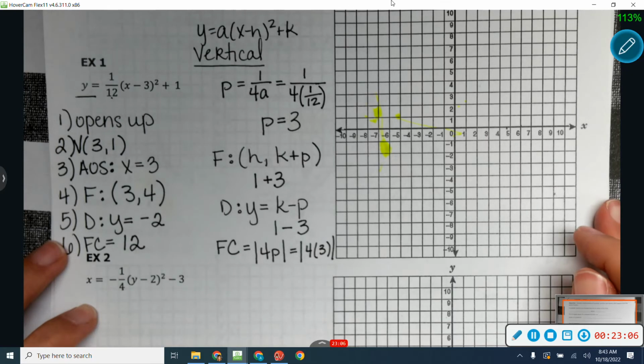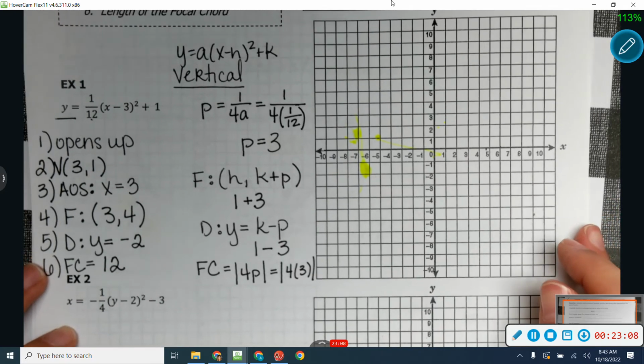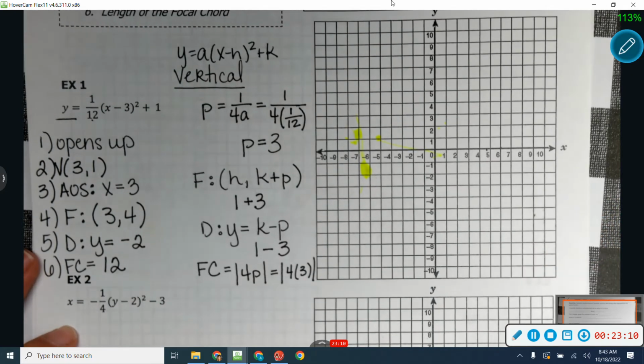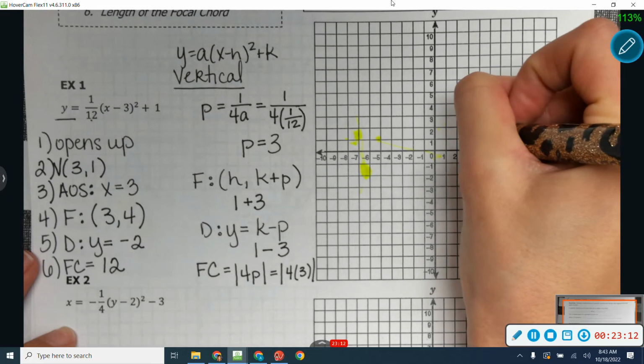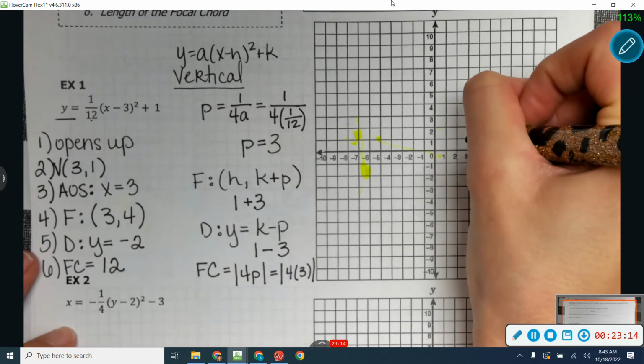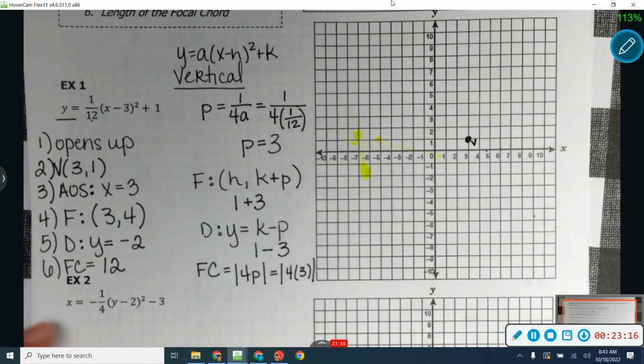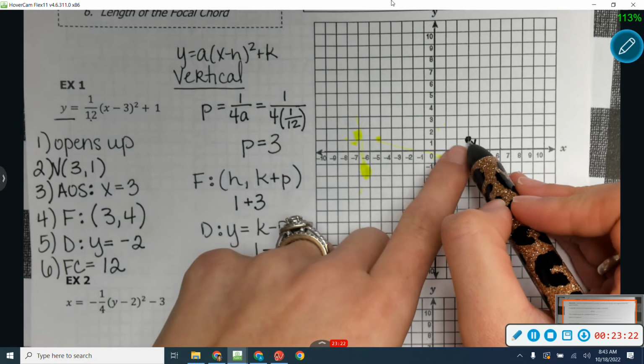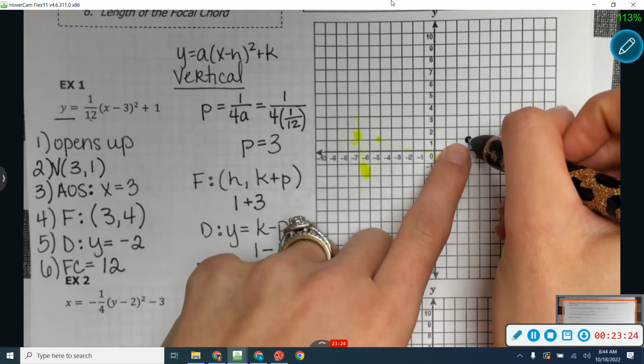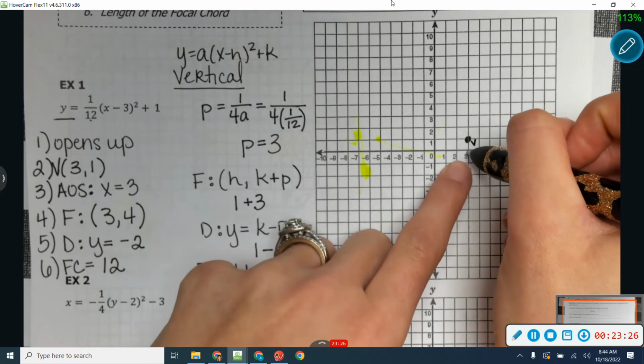We good with that? Alright, so we're going to graph our vertex at 3, 1. And I'm going to label it because I'm going to make sure you understand each part of this parabola. Okay? So I've got my vertex. My focus is at 3, 4.